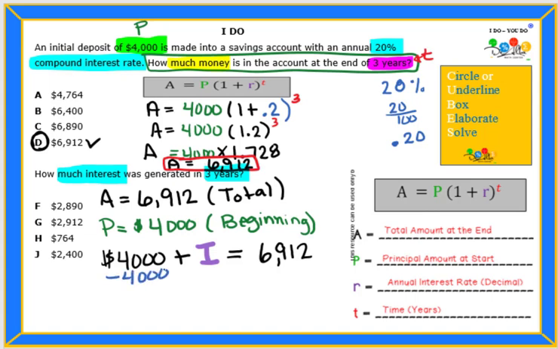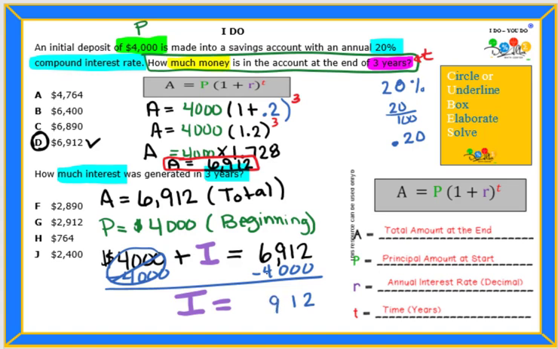And remember, whatever I do to one side, I do to the other side of an equation. And so 4,000 minus 4,000 is 0, so I'm left with I, which is for interest. And on this side, we have 2 minus 0, 1 minus 0, 9 minus 0, and 6 minus 4, which is 2.